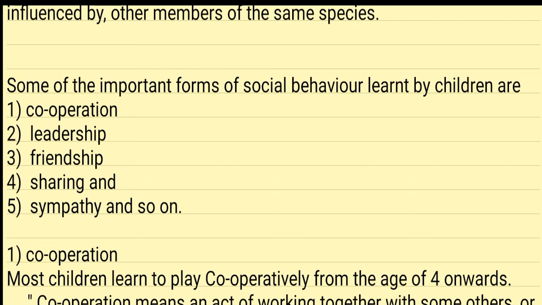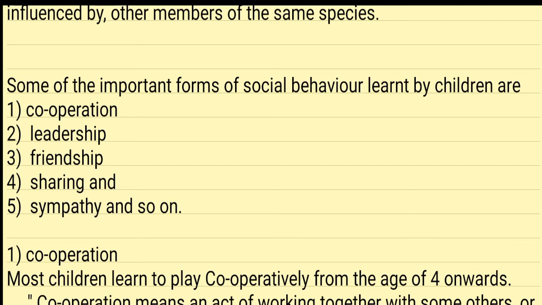Then one more important one, in the process of socialization, is sharing things with siblings, and sympathy, and many other social behaviors. These are also called positive social behaviors, because they are associated with positive feelings.